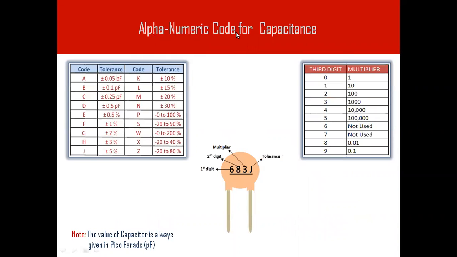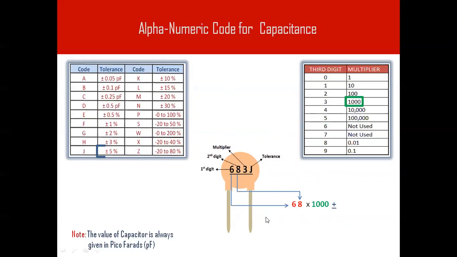The alphanumeric code for capacitance is given for your reference. As we have seen in the previous slide, first two digits represent the first two digits in the value of the capacitor. The third one is the multiplier, which is taken from this table. Because the third digit is 3 here on the ceramic capacitor, we have to multiply the first two digits by 1000.